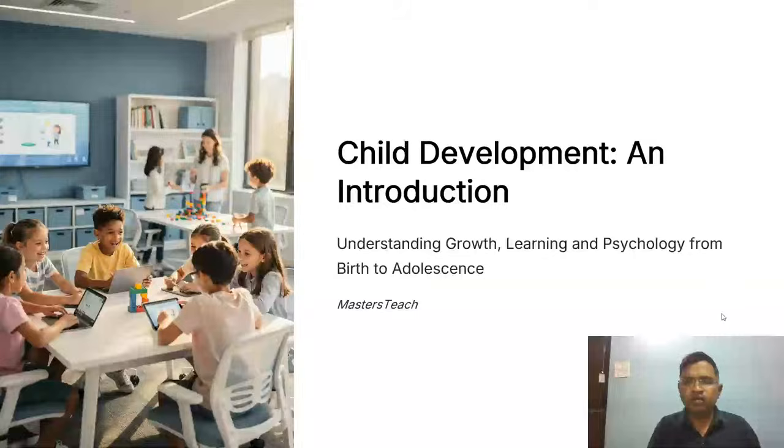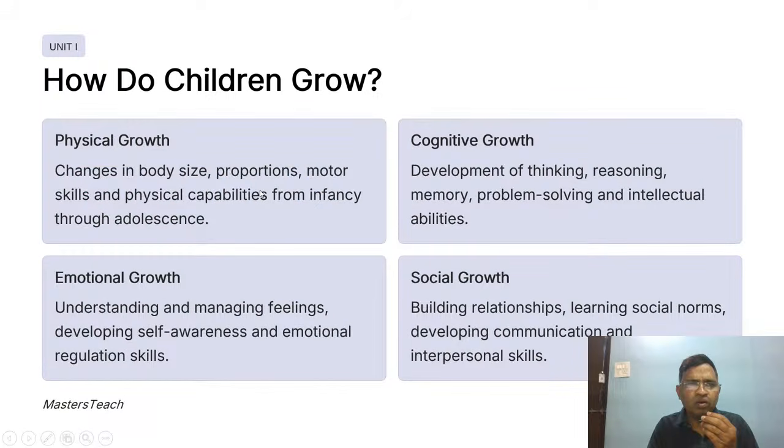So, child development, an introduction. We'll understand about growth, learning, and psychology from birth to adolescence. See how children grow. There are four types. One is physical: the change in body proportion, motor skills, and physical capabilities from infancy to adolescence.